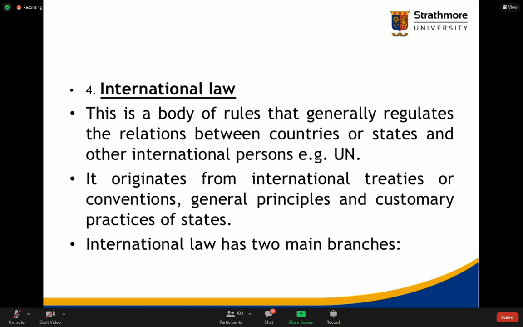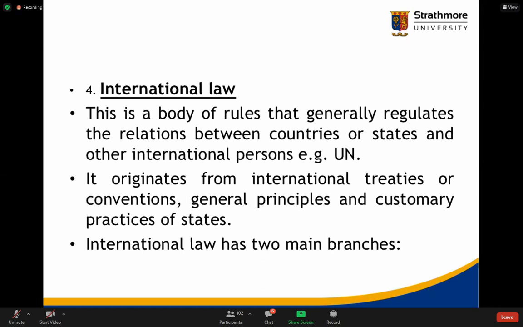How do we form this kind of law? Do Uganda, Kenya and Tanzania come together and make a law that will regulate their relations amongst themselves as countries? This is where you find that we form them through what we call international treaties. Some of you have already heard of treaties before. I want to ask members of the class to help me define what a treaty or a convention is.